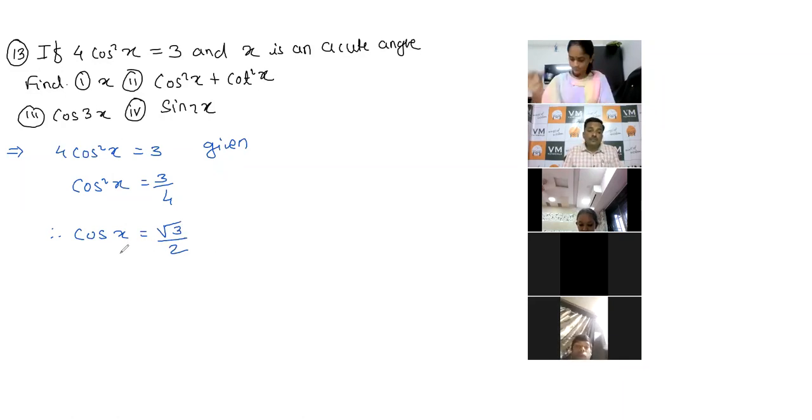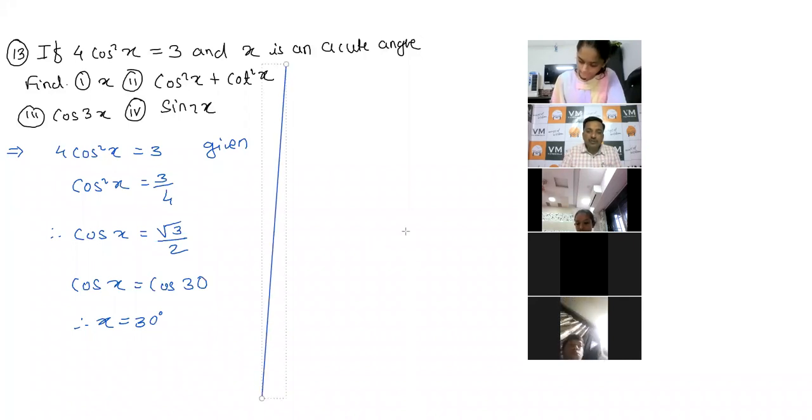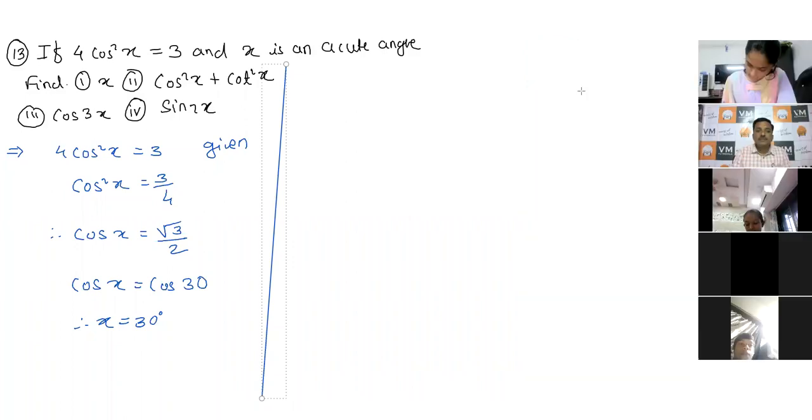In cos, cos 30 is root 3 by 2. So cos cancels, therefore x is equal to 30 degree. We got the first one, that is x.